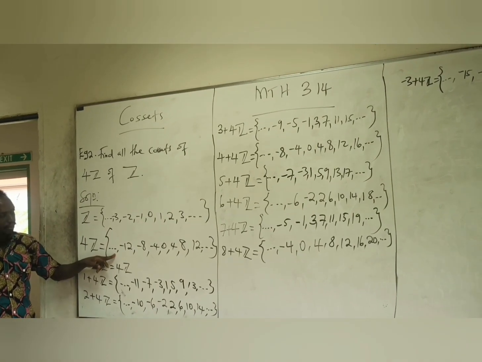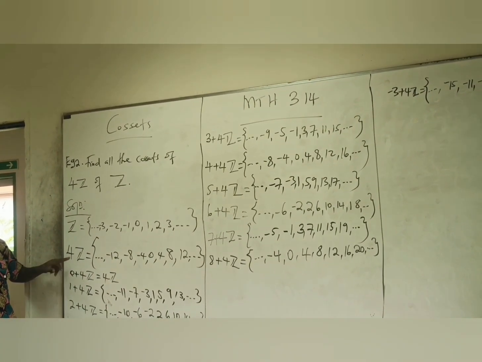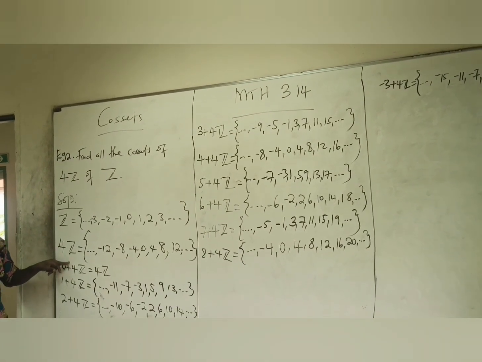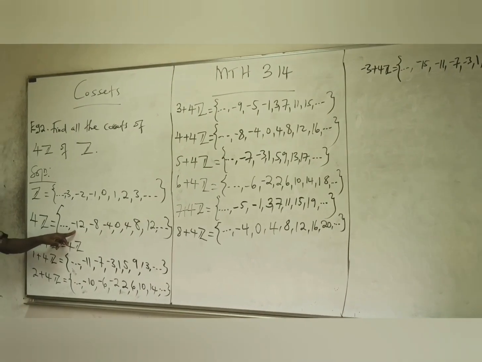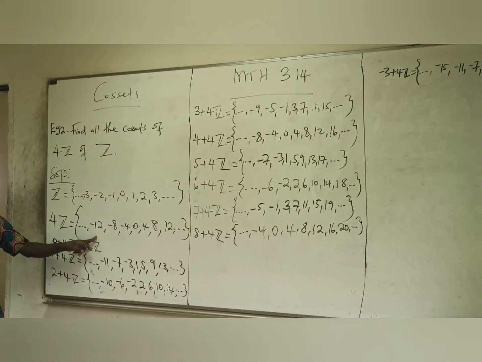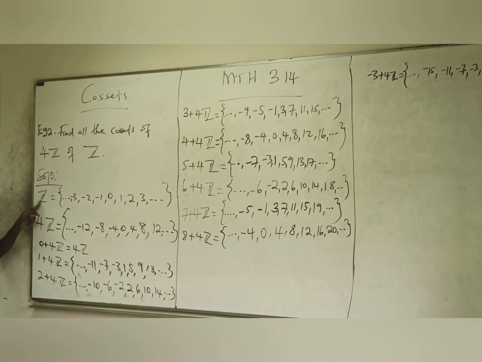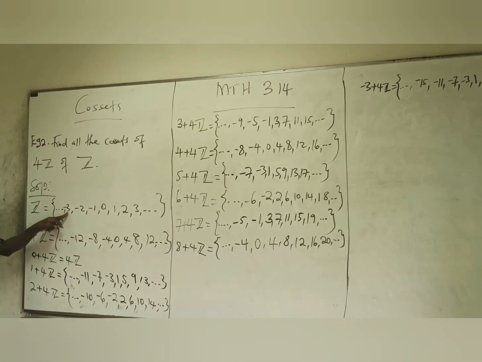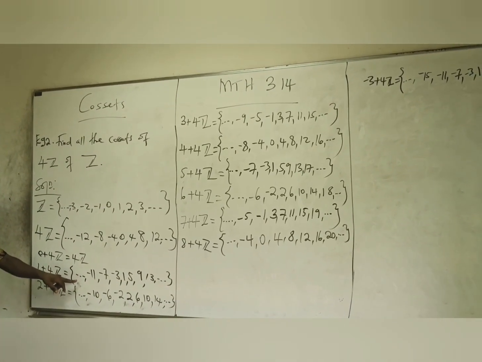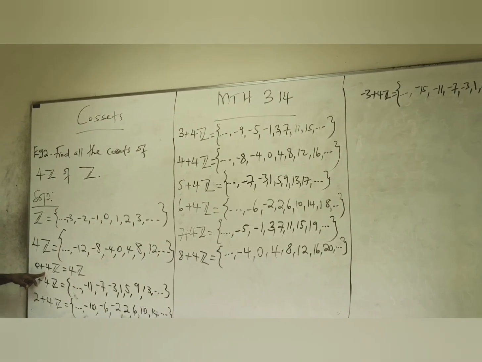No, 4z means 4 times z. We started from 0 here, so we should start from negative 3.